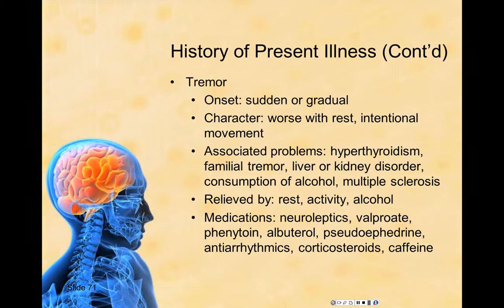And then ask about medications, in particular neuroleptics, anti-seizure medicines, whether they're on any kind of medicines that can cause tremors, such as albuterol, pseudoephedrine, antiarrhythmics, steroids, and how much caffeine they take in.